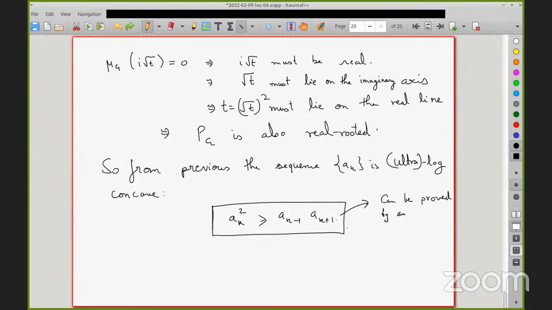This can be proved by an injection argument also. But the first proof is by this, and I think Heilmann and Lieb proved this. I don't think they explicitly mentioned this fact, but I'm pretty sure they knew it. I think there's a famous book called Matching Theory that has this. But for the injection argument, I think the first appearance is in the paper on approximating the permanent by Jerrum and Sinclair.